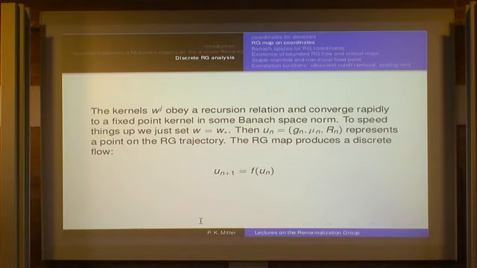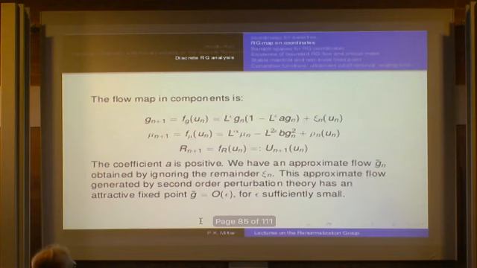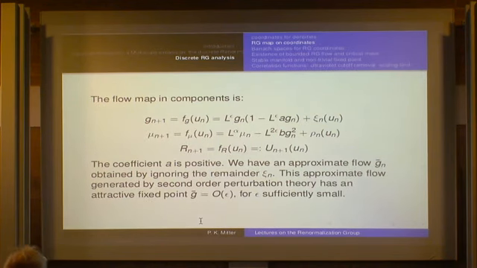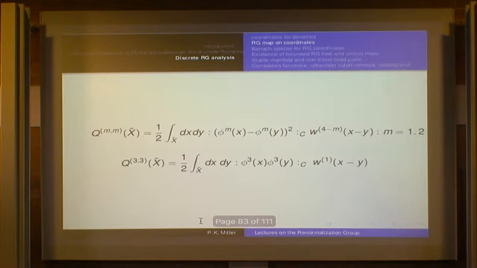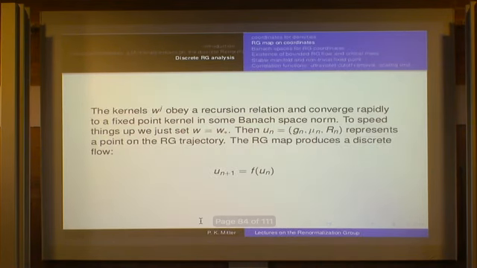So the renormalization group map is producing a discrete flow, where U_N is a triple. I'm writing U_N to be this triple, G_N, mu_N, and R_N.